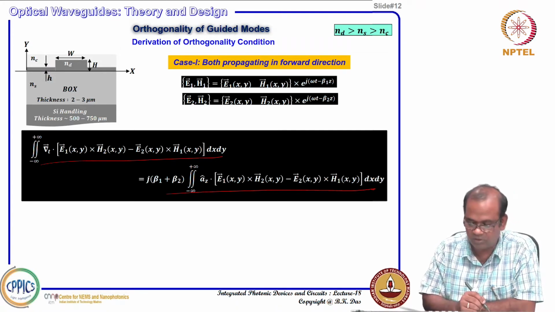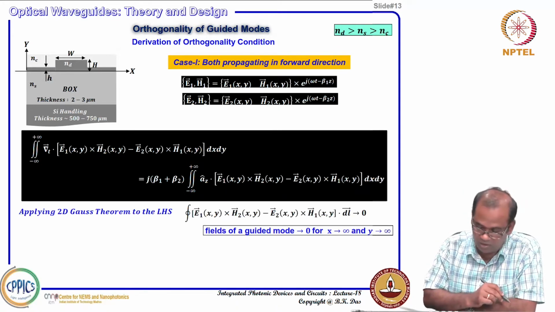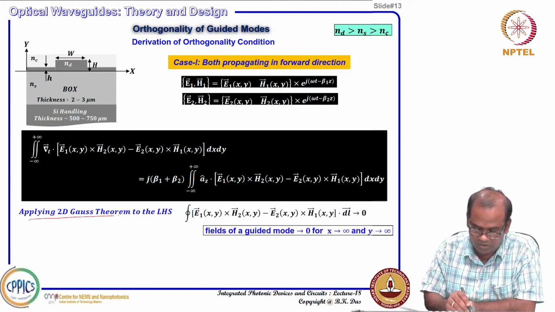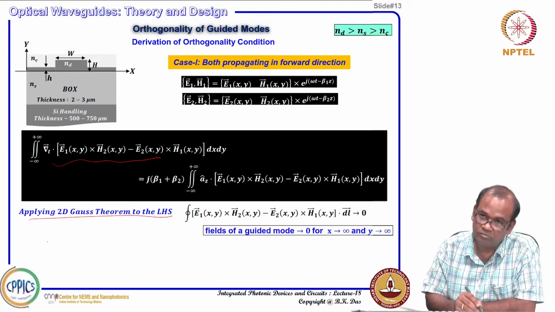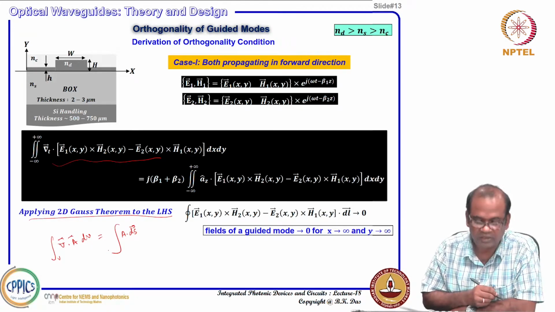The right hand side started from the Lorentz reciprocity theorem. Now apply the 2D Gauss theorem to the left hand side. What is Gauss theorem? It says that if you take the volume integral of the divergence of any vector, that will be equal to the surface integral.